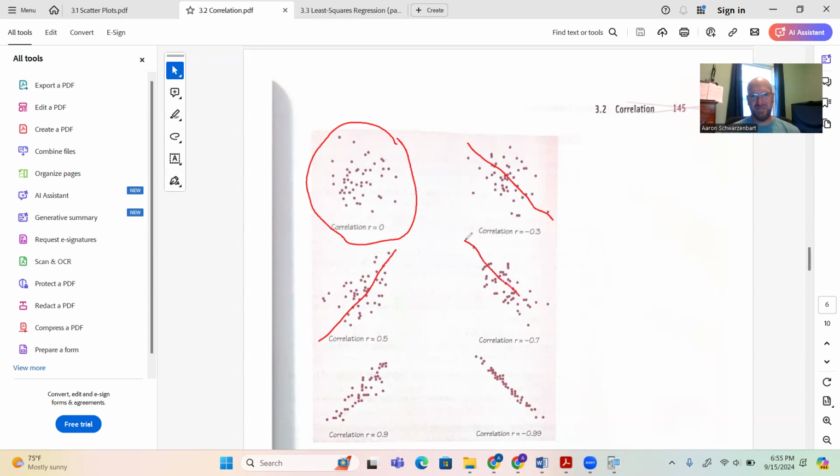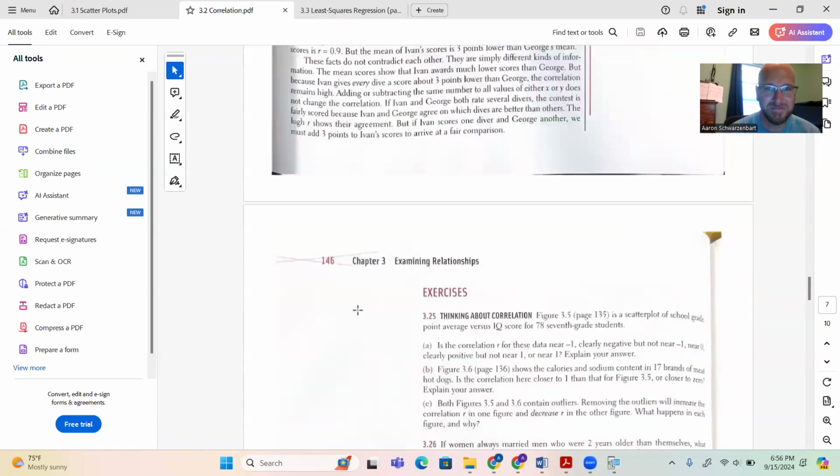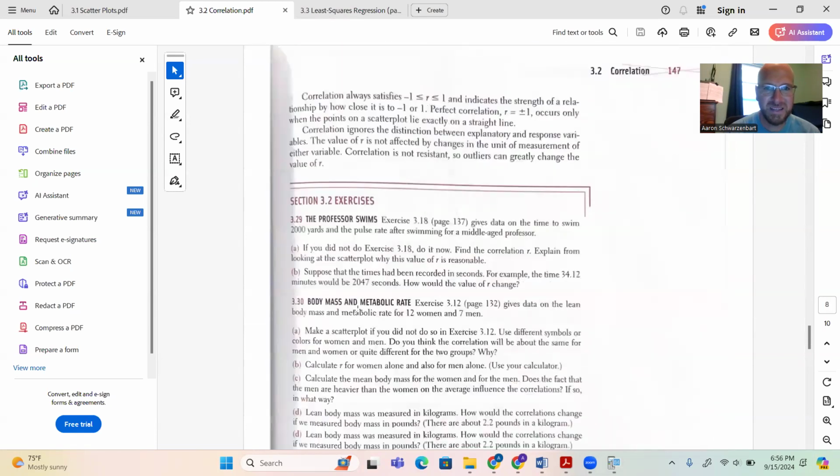Correlation negative 0.7 definitely going down, fits all right. Correlation 0.9, definitely positive, fits reasonably decently. Correlation 0.99 fits this line that I can't make straight really well, and is in the negative direction. Okay. That is correlation.